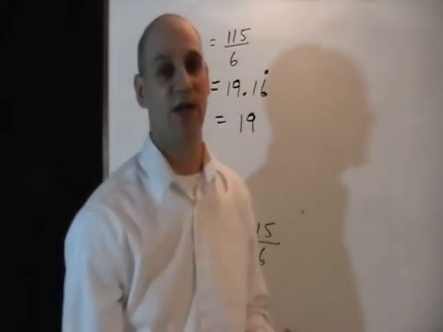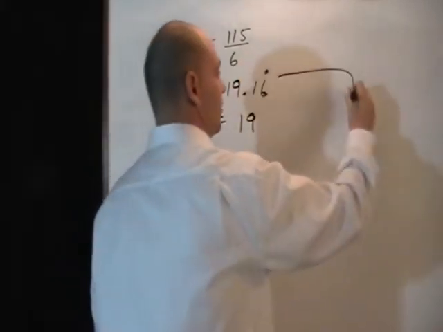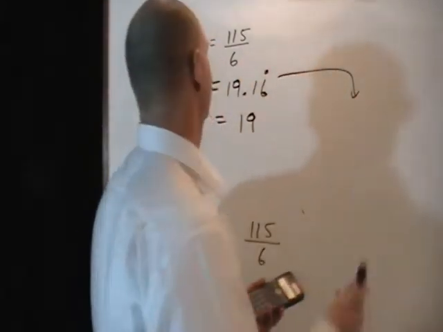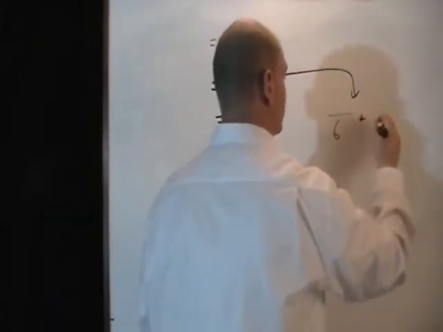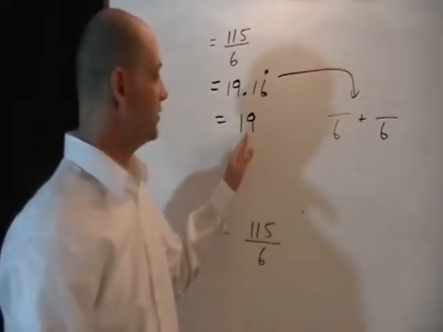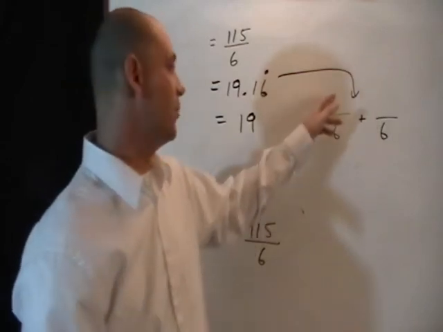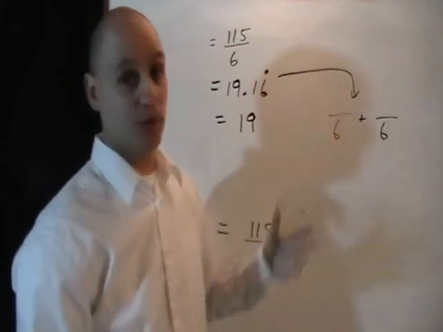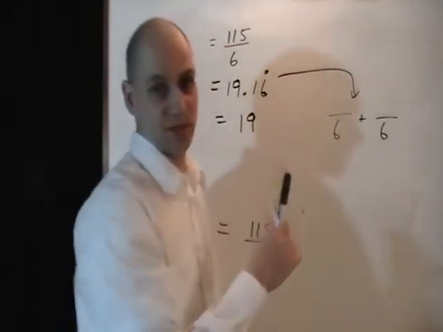So how do we figure out what that fraction is? Well, what I like to do is I like to split this number into two fractions of 6. So first, let's look at what is 19 as a fraction of 6? So what number divided by 6 will equal 19? And to get that, you simply take 19 times 6.